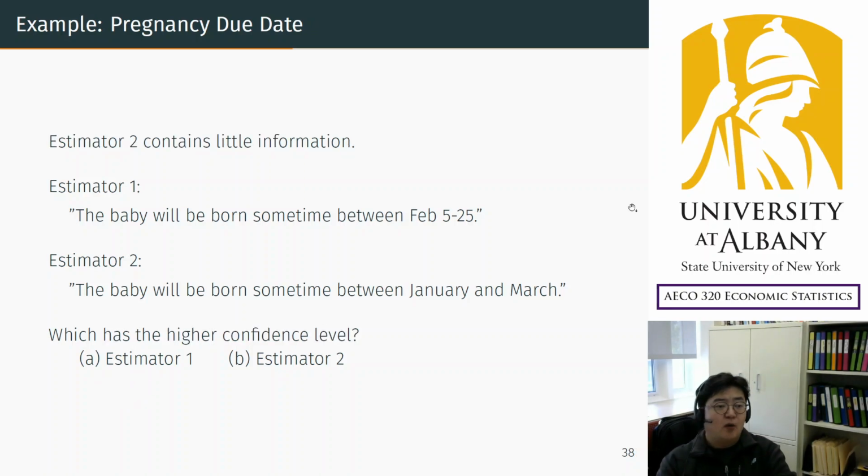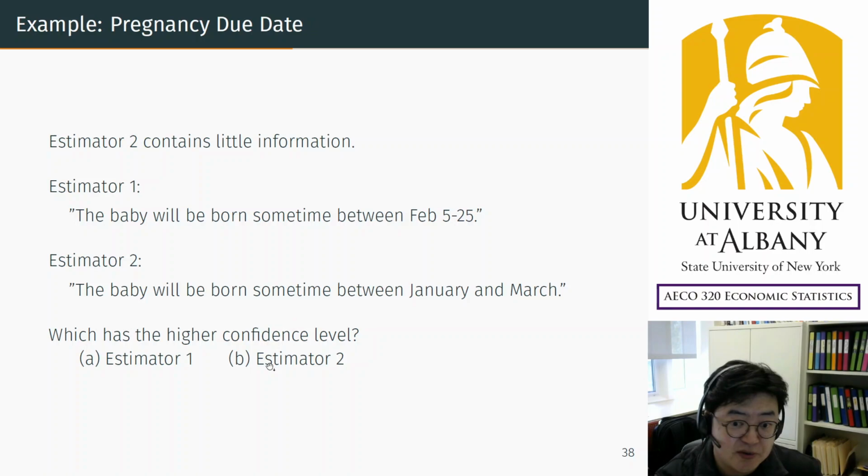But what do you think about this? Which has the higher confidence level? Think about the 2 estimators. Remember, the confidence level is the probability that your interval estimator correctly contains the true parameter. Which one would have a higher confidence level? The answer is B, right? Even if it's obvious, and when I say obvious, that means it always happens. It is always true. That's the definition of obviousness.